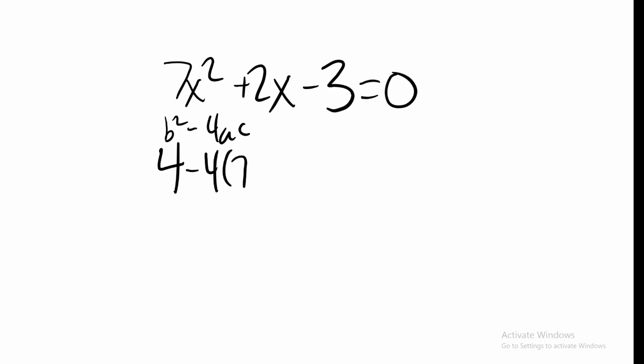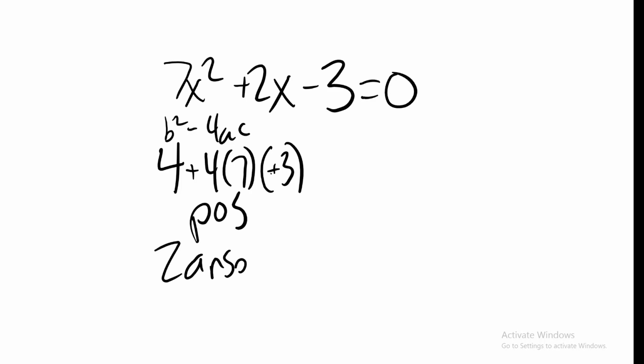Minus 4 times 7 times negative 3. Is this positive, negative, or 0? Well, negative times a negative makes those positive, so this is positive. Notice how I didn't even need to find the value? So 2 answers. Cool, that's it. That's discriminant checking.